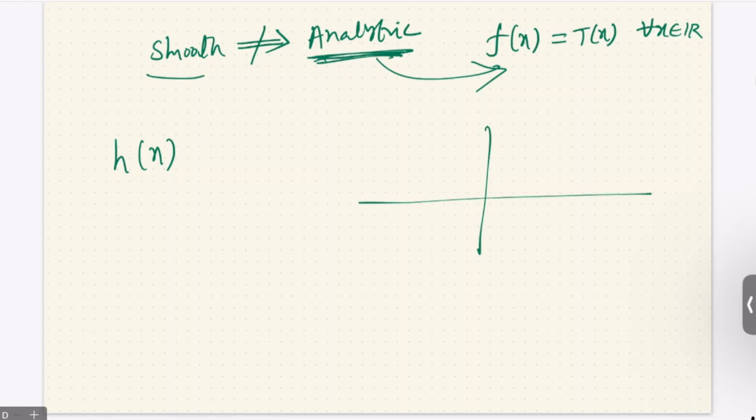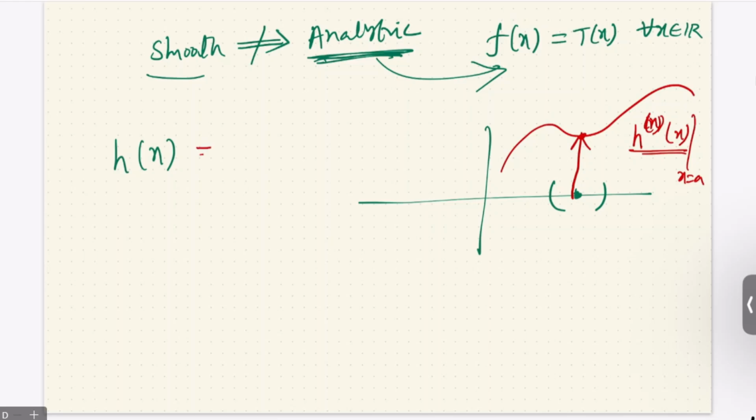If you know local information somewhere, and I don't know what is going on outside, but I know all the higher order derivatives, the nth derivatives h^(n), at x equal to a, and it is analytic, that means the infinite Taylor series exists.